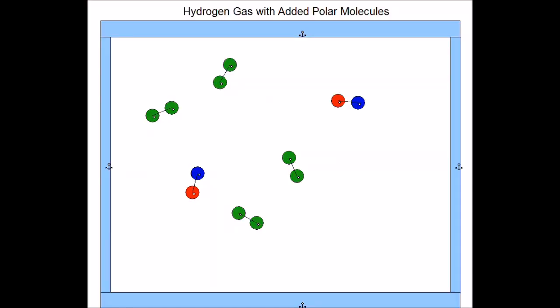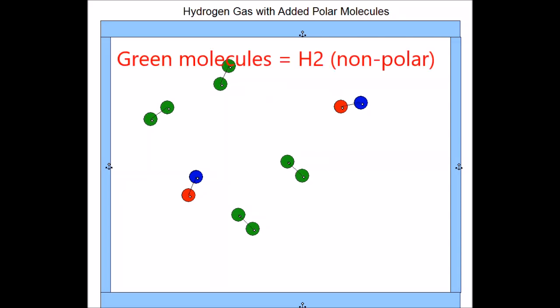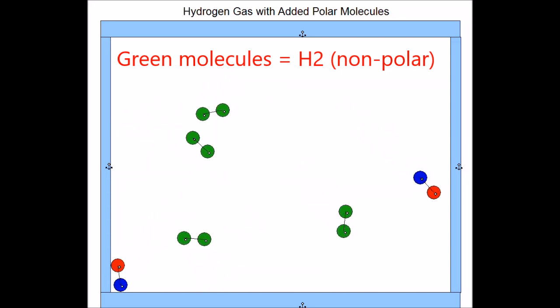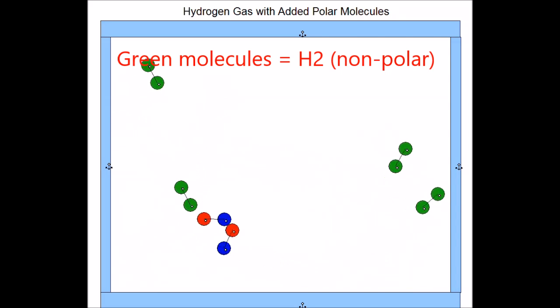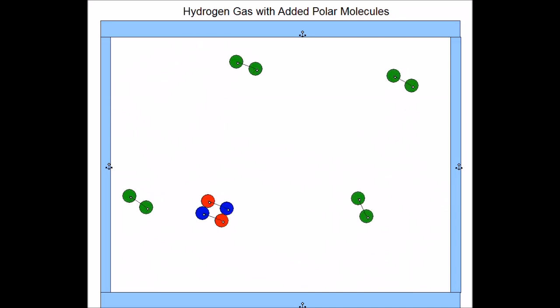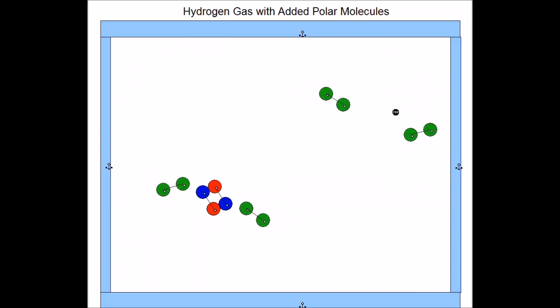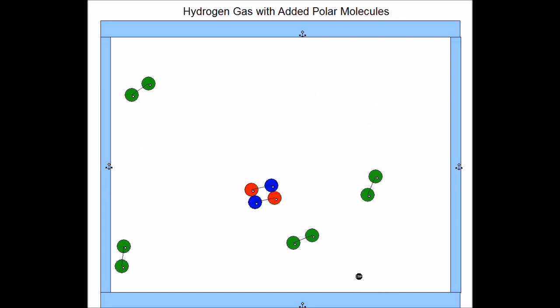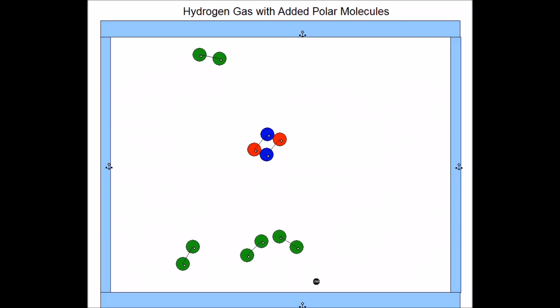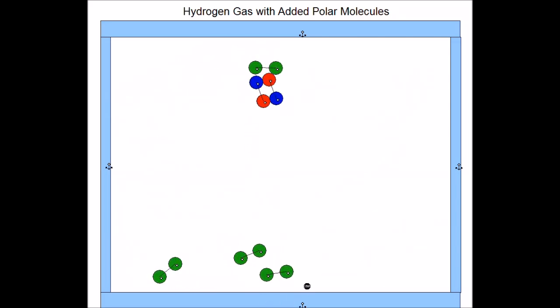This is interactive physics. This is another way of understanding the behavior of polar molecules that can form friendship bonds. So here the green molecules are representing H2, hydrogen gas, nonpolar, and you see they have no attractions to their neighbors. The green molecules simply bounce off. And this is the behavior of gas molecules. They bounce off.